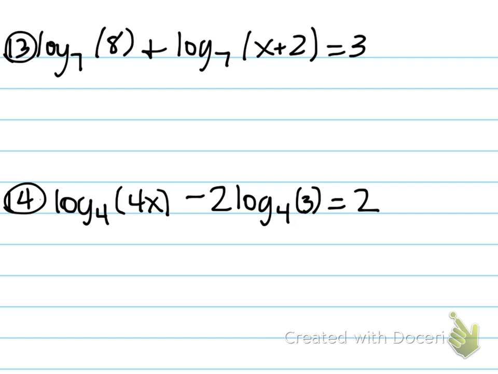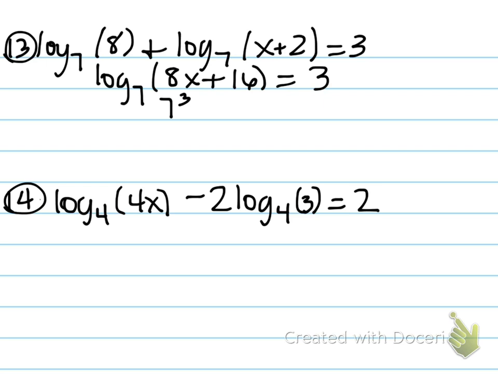All right, on to 4.4. There are 2 logs on one side of the equation, so I know that I need to condense. So I'm going to multiply, and I'm going to get 8x plus 16. Now, notice I don't have a log on both sides of the equation. I have 1 log on one side and a number on the other, so I can't set the arguments equal because there aren't 2 arguments. There is only 1. So that tells me I need to convert.